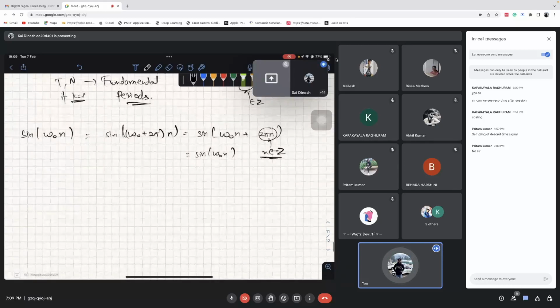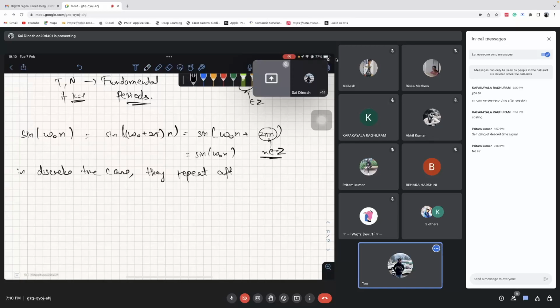So basically in the discrete time case, signals repeat themselves after 2 pi intervals.